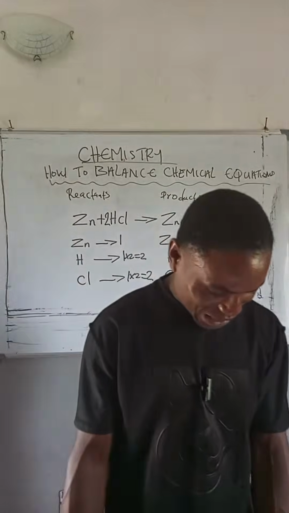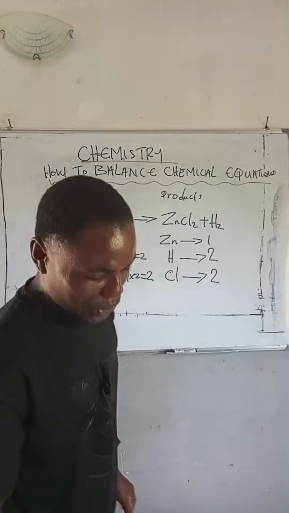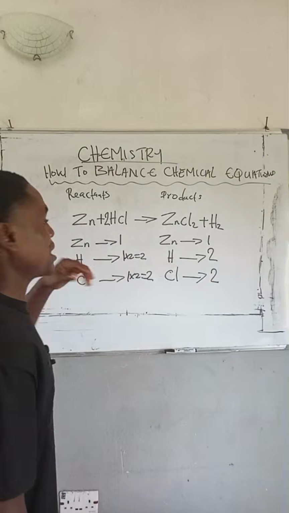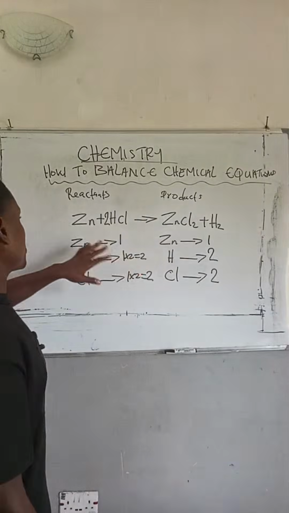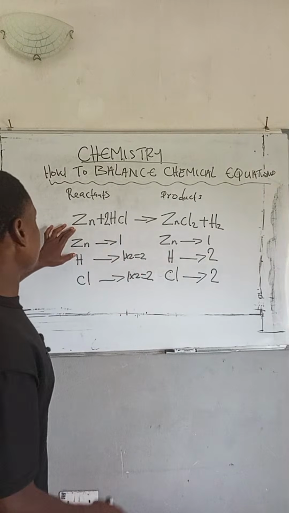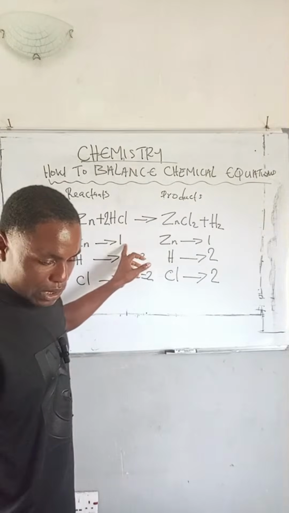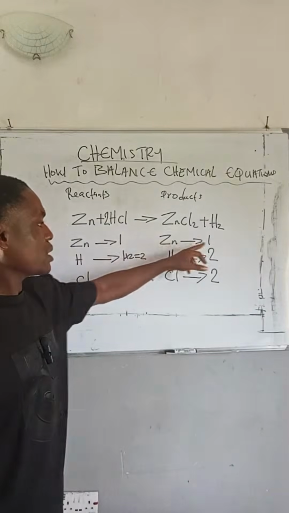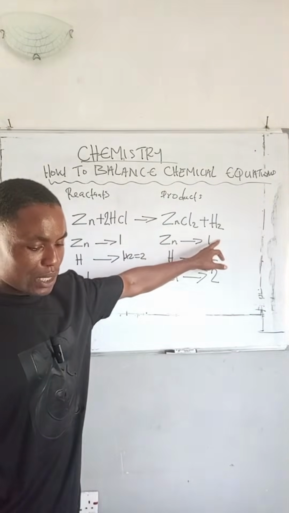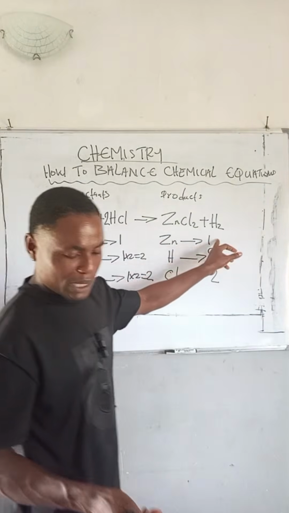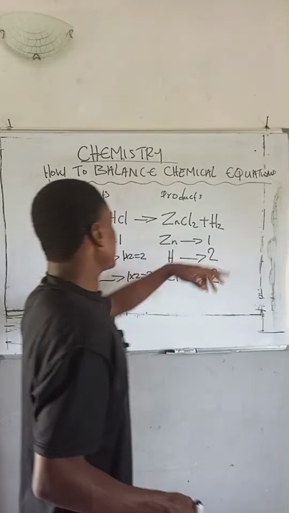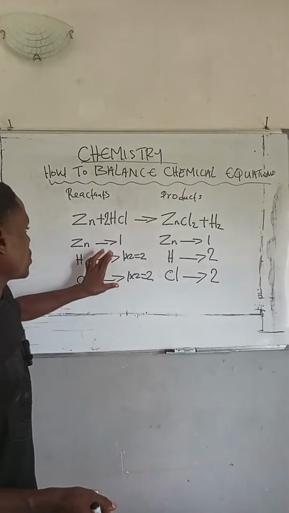I want to explain something. For you to balance any chemical equation, just focus. You notice that zinc here, the atoms are the same. It contains 1 here, it contains 1 here. This is the confusion these two persons have.